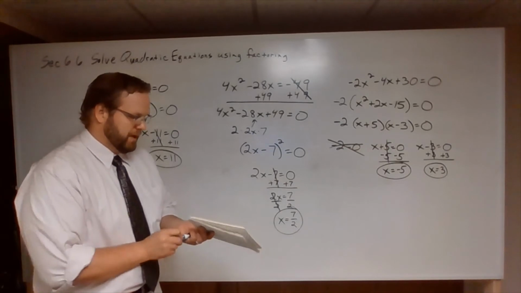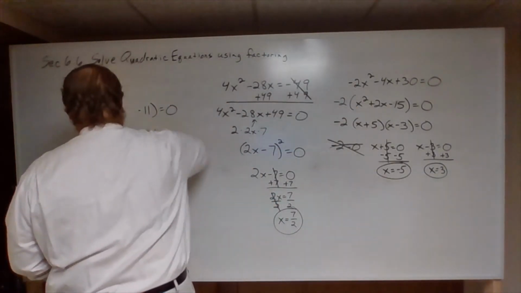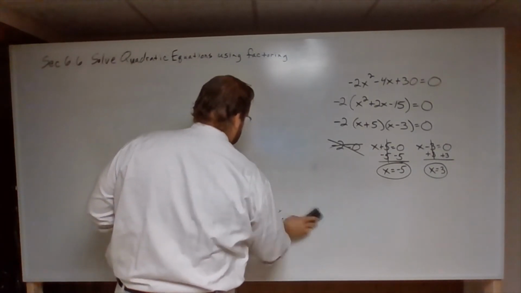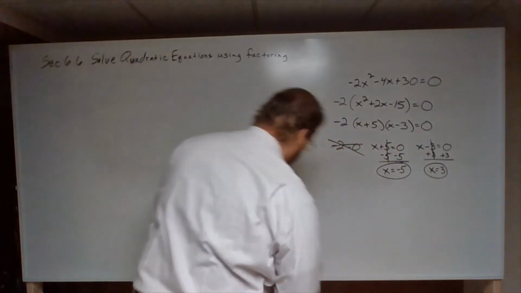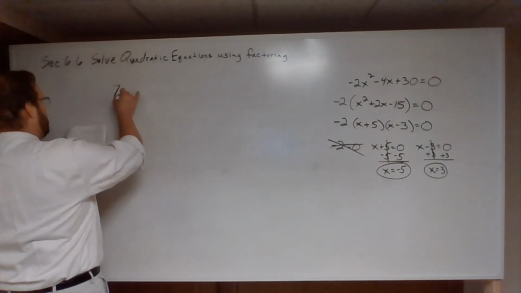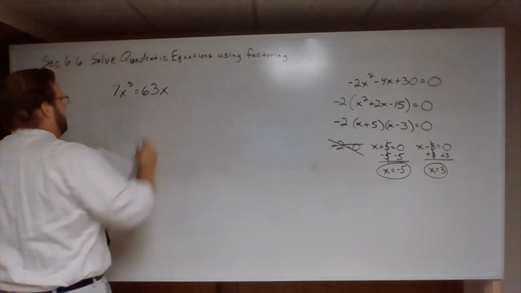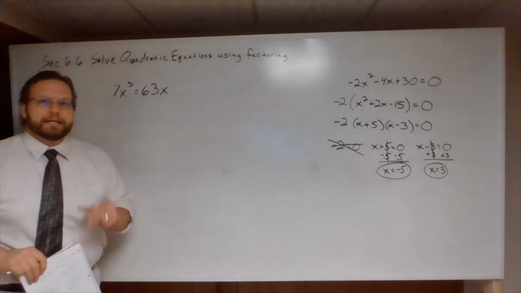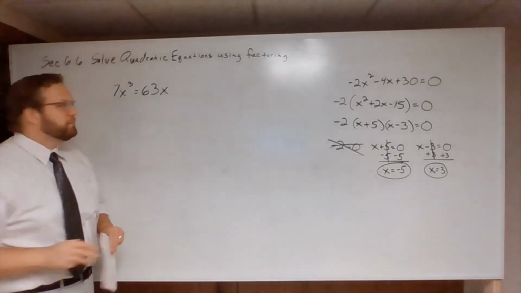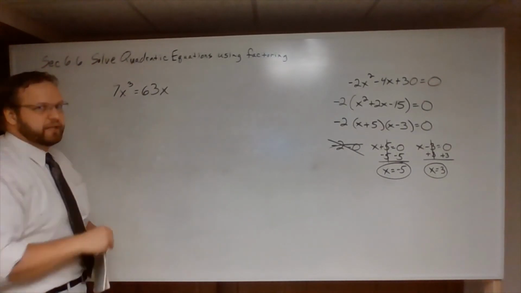Okay, and one more. Now, what I want to be very clear on with something like this, a lot of people want to look at that and they want to divide both sides by, let's say, 7x.